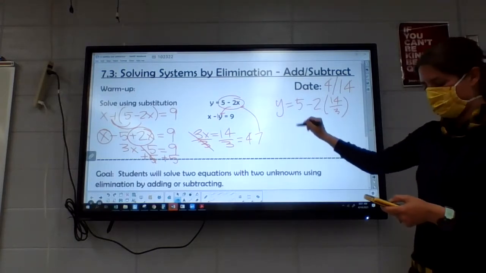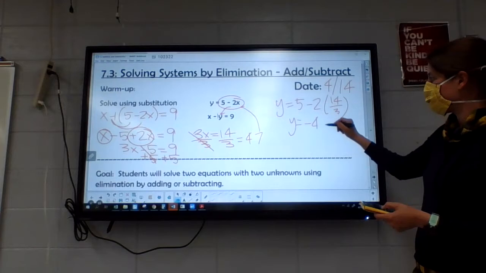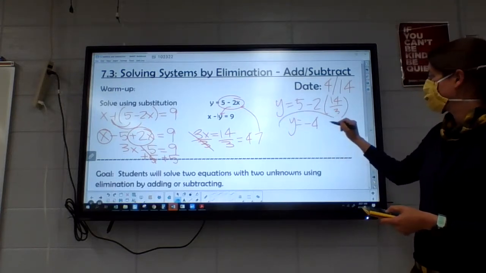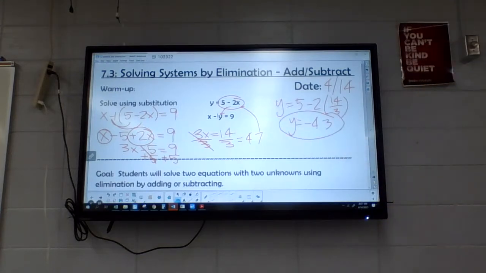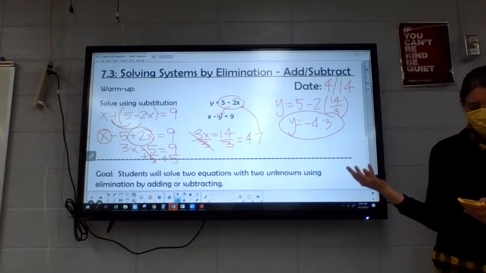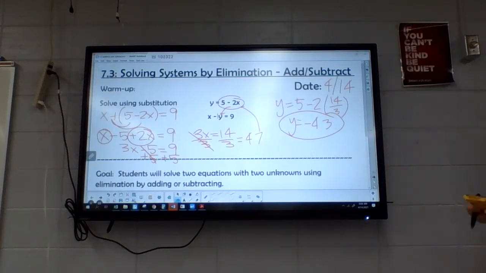So I get my y to be a negative 4.3 repeating. If you rounded, it might have changed your answer a little bit. Like 4.4 you might have gotten had you rounded. Or 4.2 if you rounded a little bit incorrectly.